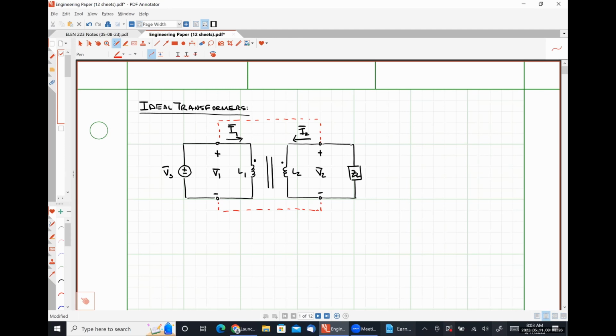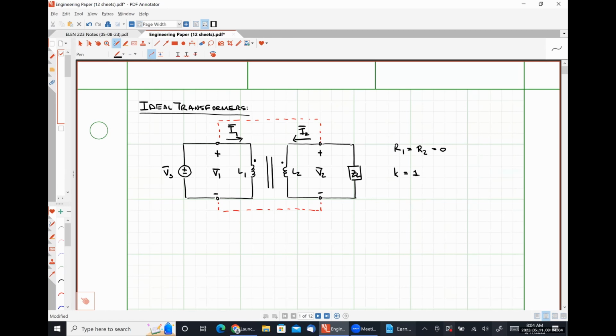An ideal transformer will have R1 equal to R2 equal to 0, meaning that our coils don't have any losses associated with them, so they exhibit no resistance. And our coupling coefficient K will be exactly equal to 1, meaning that both of our coils are perfectly coupled together. So in the event that K is equal to 1, what should our mutual inductance be?